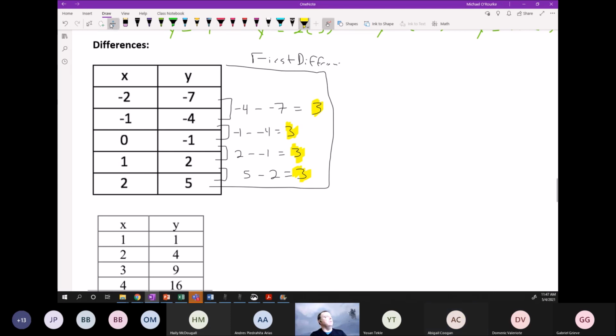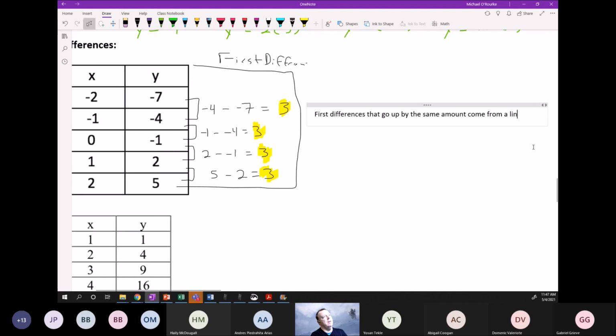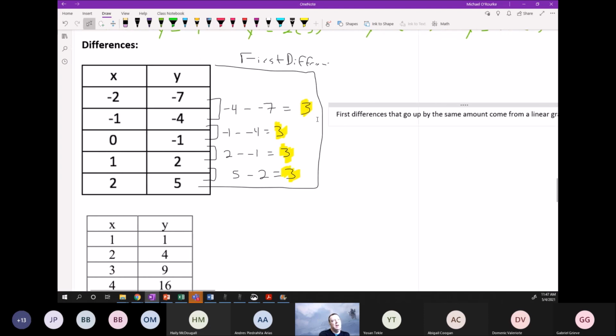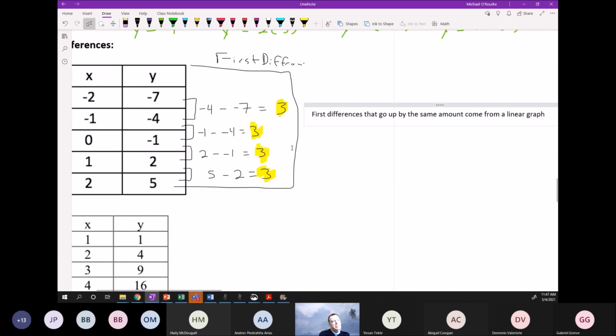So with a first difference, I go up by the same amount. If you take the first difference and they all come out the exact same, you're going to get a linear graph.